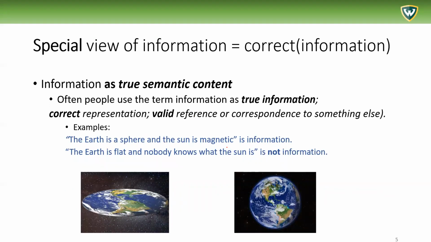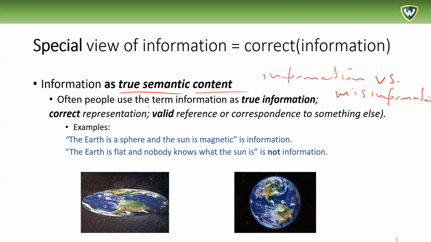Let's be reminded of the also special view of information, the more specific definition of information, which is true information or true semantic content. And sometimes people do use the term information as opposed to misinformation. So the idea is that information is sort of true or true-ish, and misinformation is non-true.